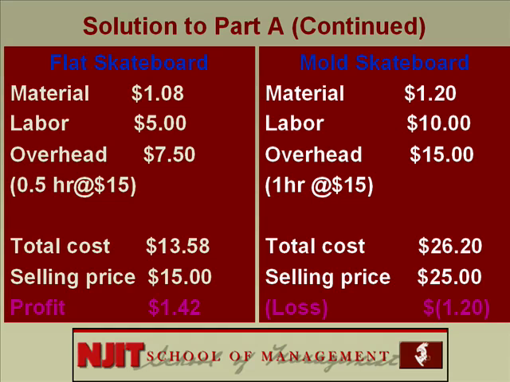Now this is totally different from what we expected. If you use units method, you'd think mold skateboard makes a profit. If you use labor hours, you'd think it makes a loss. One technique is definitely wrong. Which technique do you think is wrong?